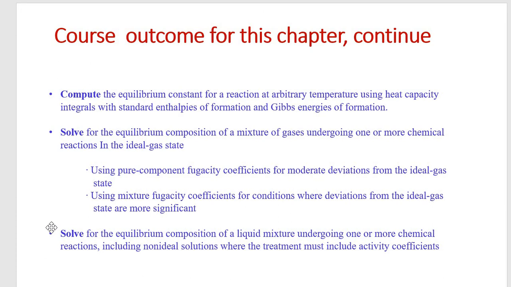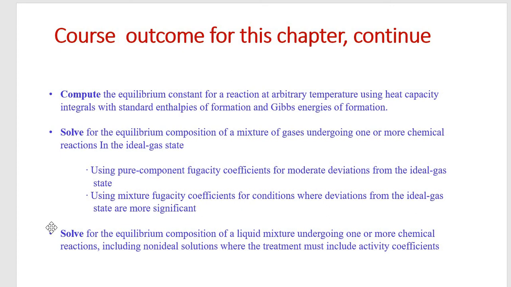Then compute the equilibrium constant for a reaction at arbitrary temperature using heat capacity integrals with standard enthalpies of formation and Gibbs energy of formation. Solve for the equilibrium composition of a mixture of gases undergoing one or more chemical reactions in the ideal gas state.